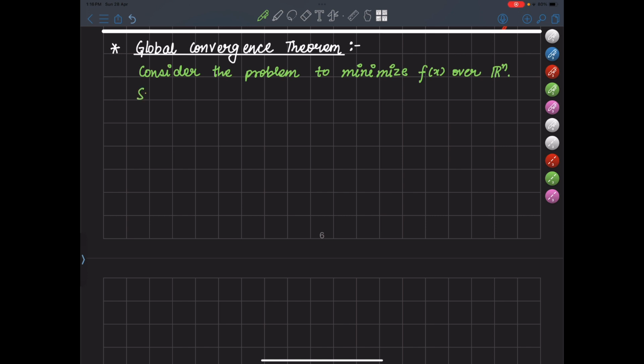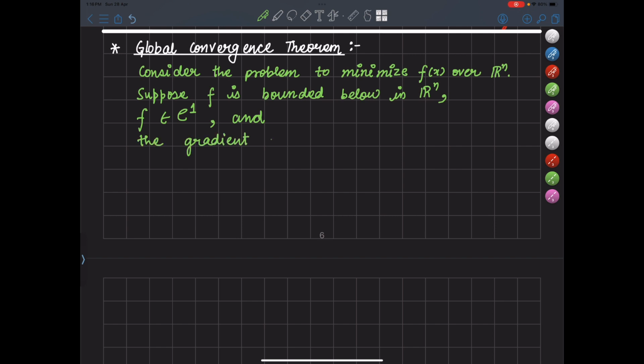Suppose f is bounded below. These are all the assumptions that we assumed earlier. Suppose f is bounded below in Rn, and f is continuously differentiable. And one more important assumption was the gradient is Lipschitz continuous.